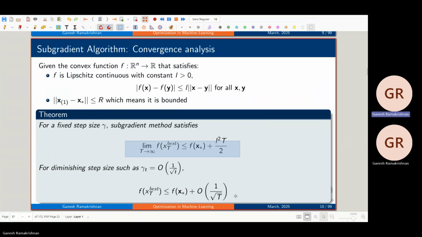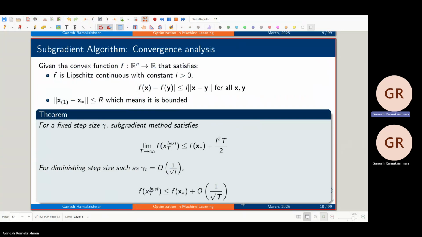But if you have diminishing step size, now if you bring in 1 upon square root t, then what do you get? Order of 1 upon square root t on the right hand side. So this is interesting. That's what I was alluding to.